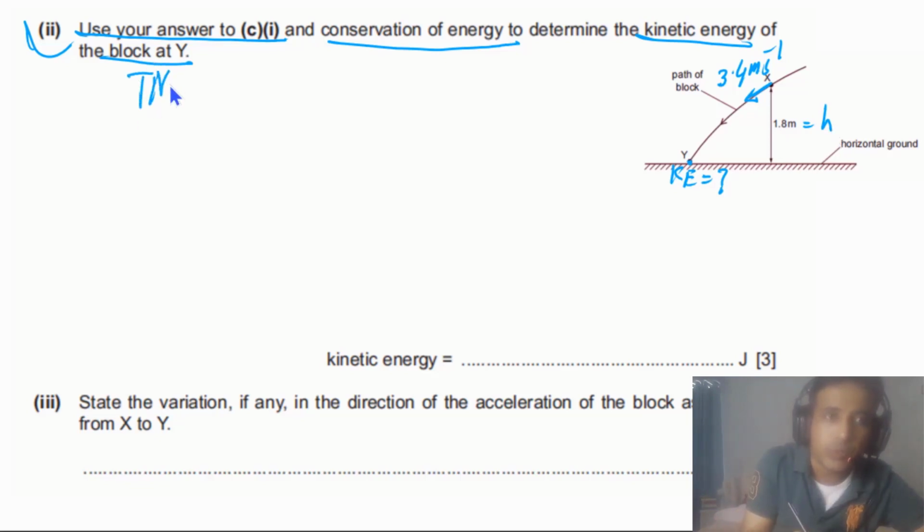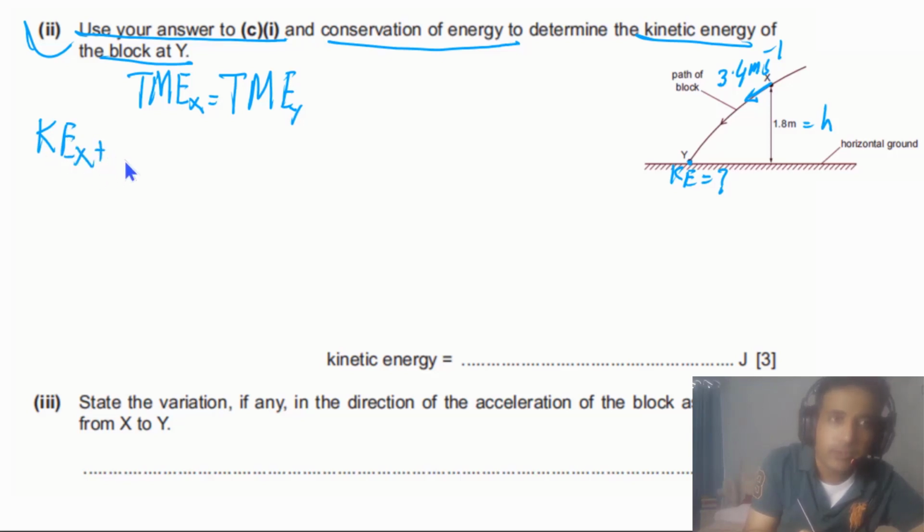So we can simply say total mechanical energy at X has to be equal to total mechanical energy at point Y. Mechanical energy is the sum of kinetic energy plus GPE, meaning gravitational potential energy.